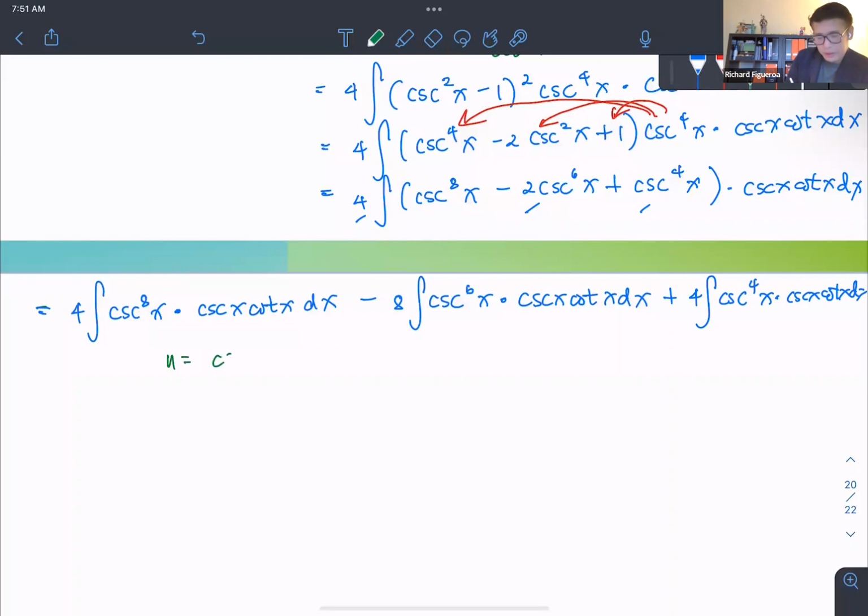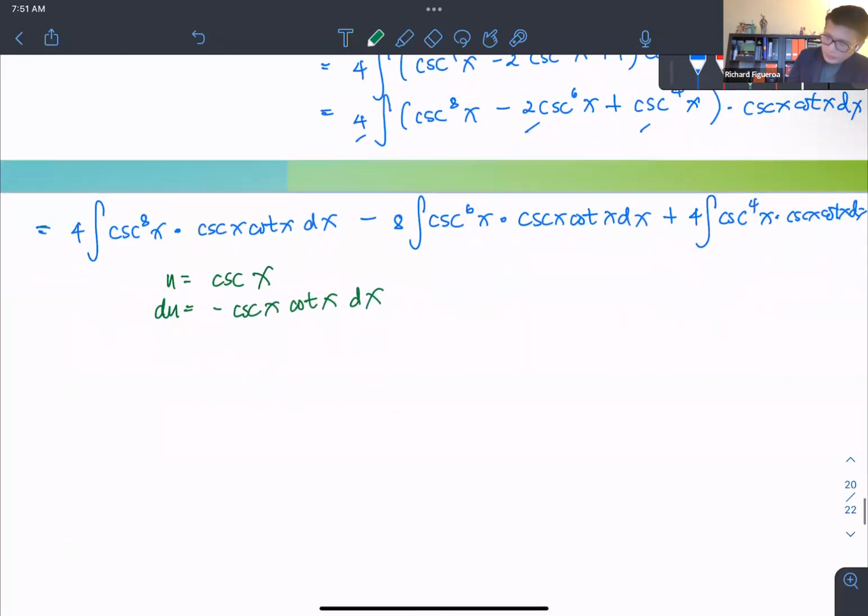So our u here, it's the same for everything. So that is cosecant x. So it's du, it's negative cosecant x cotangent x dx. So pag nire-write natin to, that's 4 integral of cosecant to the 8x.